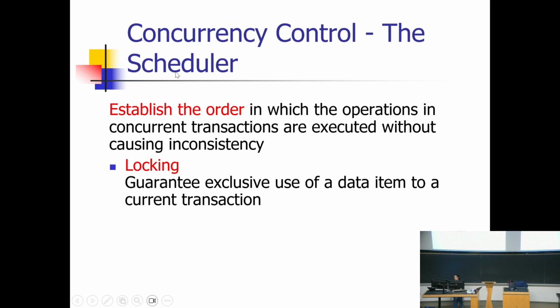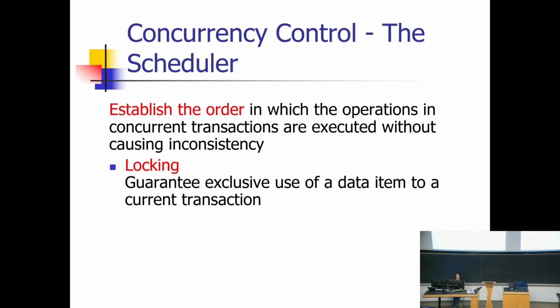And what tools does it use? So the scheduler typically uses 2 methods: the first one is locking, and the second one is timestamp, right? So locking ensures that only one transaction can update a piece of information at a time.